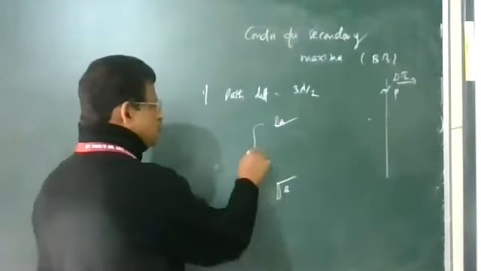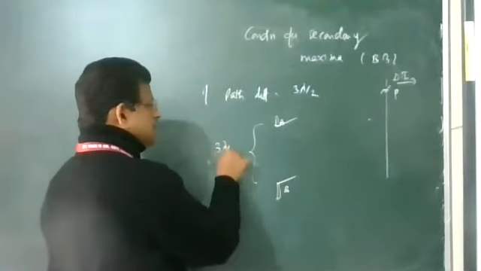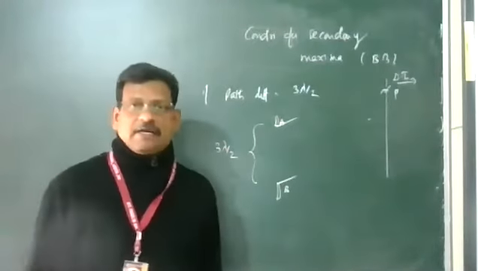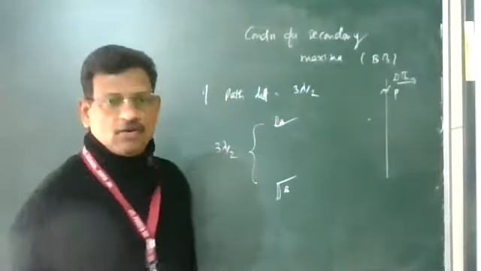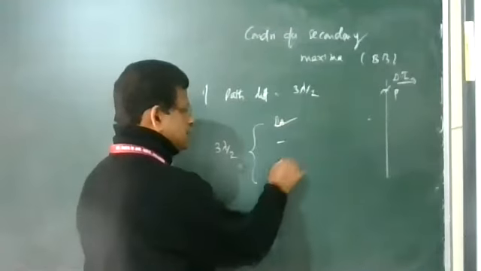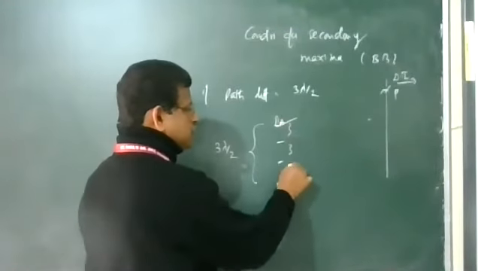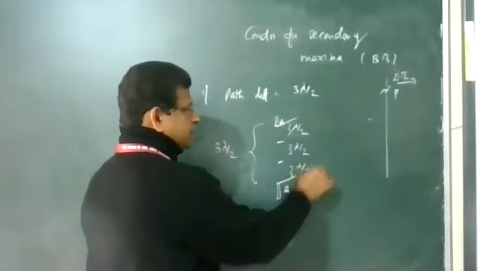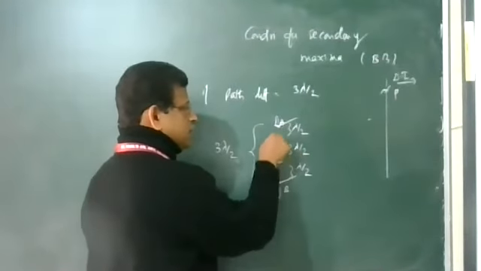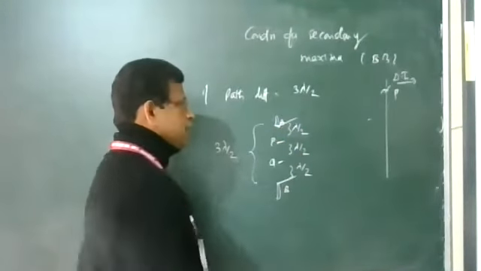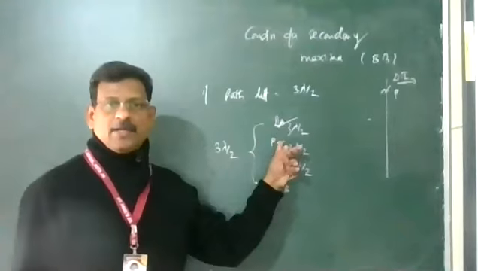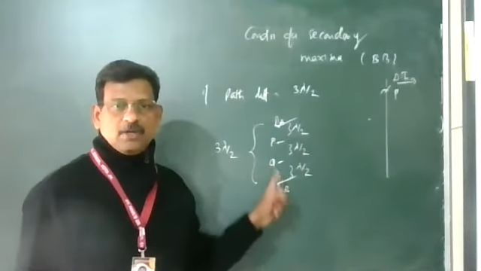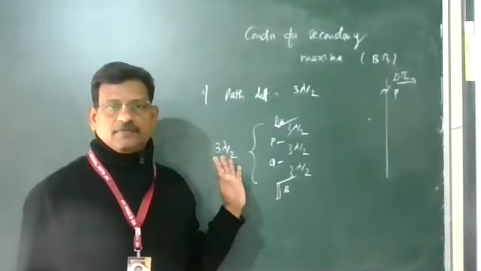So we are going to divide the slit into 3 equal parts. First, second, and in every part there is lambda by 2 path difference. From here and here you can take the points P, Q. Between A and P, lambda by 2, P and Q, lambda by 2, Q and B, lambda by 2.